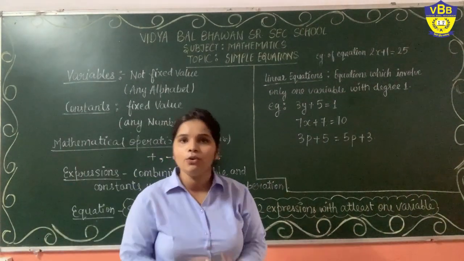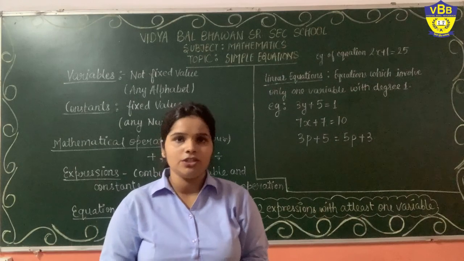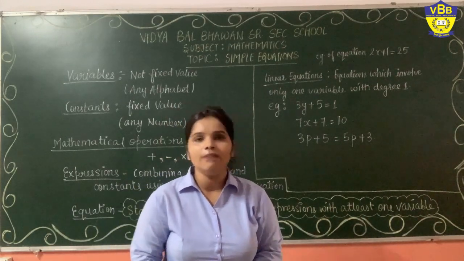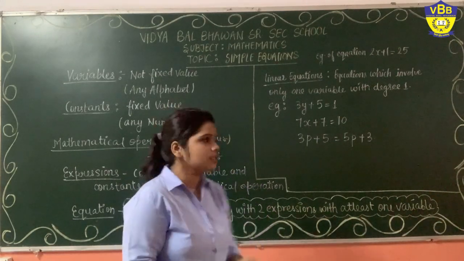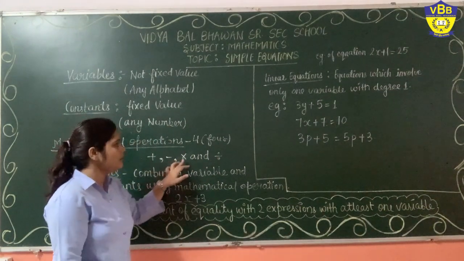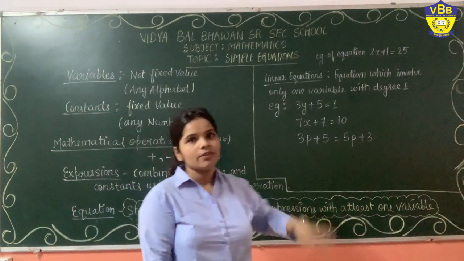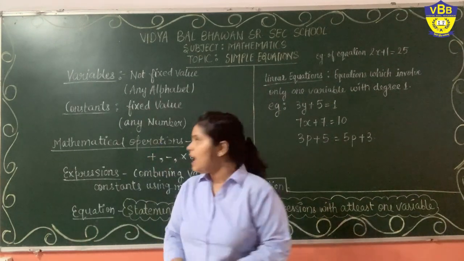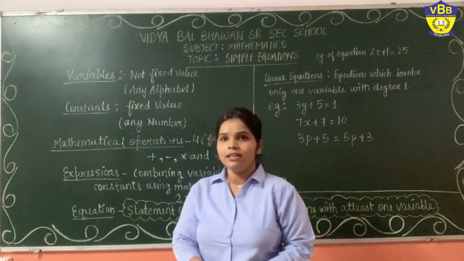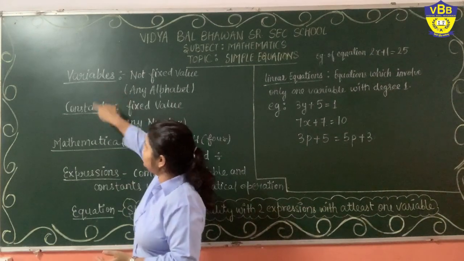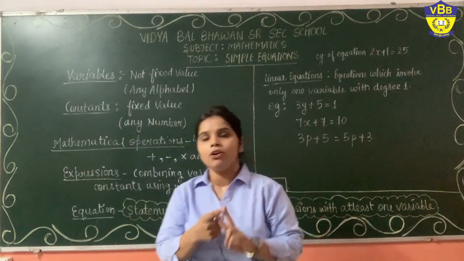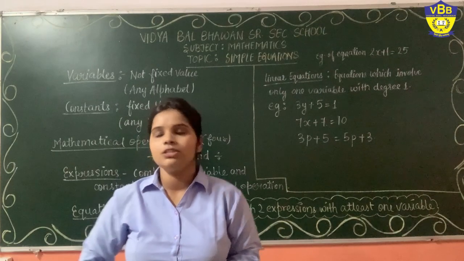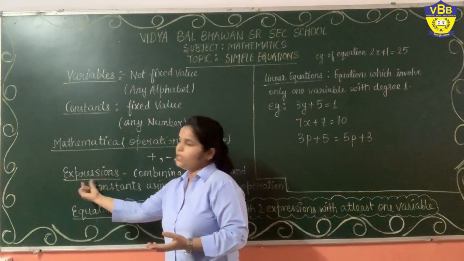After that, we know about the mathematical operations. In maths, we have 4 mathematical operations: addition, subtraction, multiplication and division. So this is the basic knowledge we have to gain. After that, the main thing is when we combine these 3 terms, variable, constants and mathematical operation, it makes an expression.